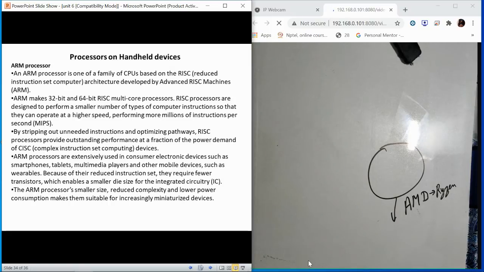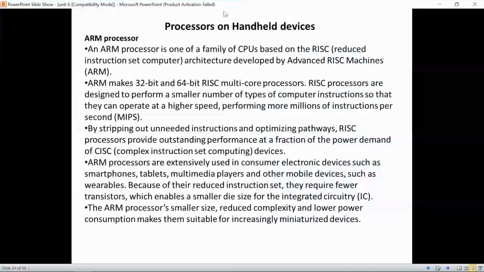Now, the next type of processors which we are going to talk about are related to handheld devices, which are your mobile phones and all. ARM processors are generally fast. We have discussed RISC processors.